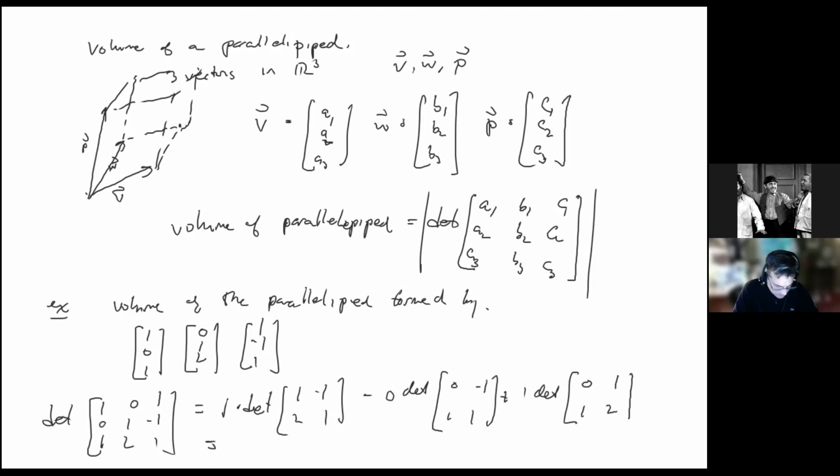And what do you get? From the first calculation, 1 plus 2 is 3, minus 0. And then it looks like a minus 1, so you're going to get a 2. So the volume is 2.